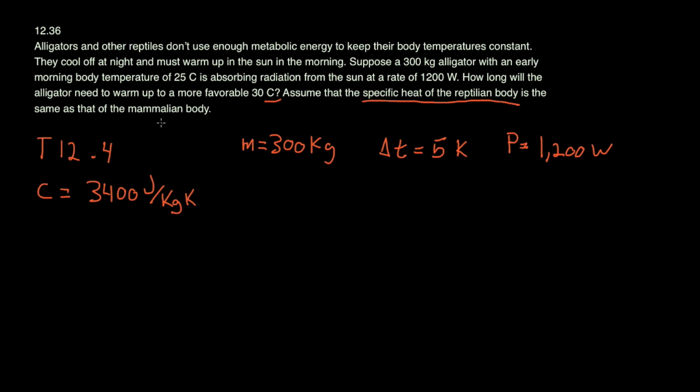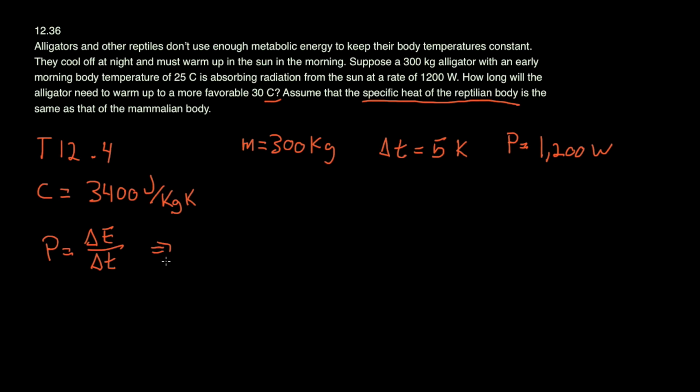Okay, so our next step is just going to be to figure out the time that he's going to need to be in the sun. If you remember, we have an equation for power, which is equal to the change in energy over the change in time. But for this problem, our change in energy is just going to be heat, the heat from the sun, or the radiation from the sun, right?